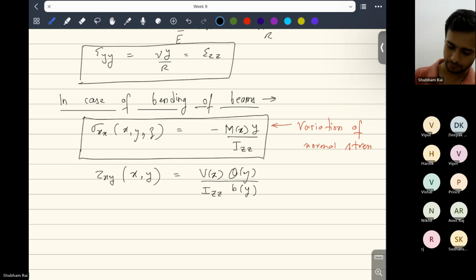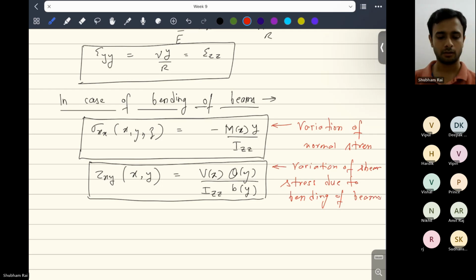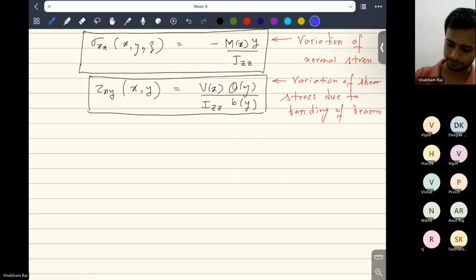So here you have the variation of shear stress due to bending of beams. V(x) is the shear force.